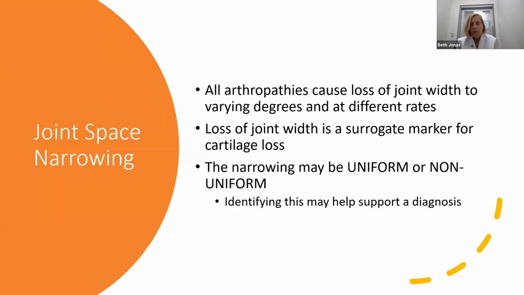So the loss of joint width is essentially a surrogate marker for cartilage loss because we can't really see cartilage on a plain film. This joint space narrowing may be uniform, the same across the whole joint, or it may be non-uniform. And identifying whether it's uniform or non-uniform will help us support a diagnosis.